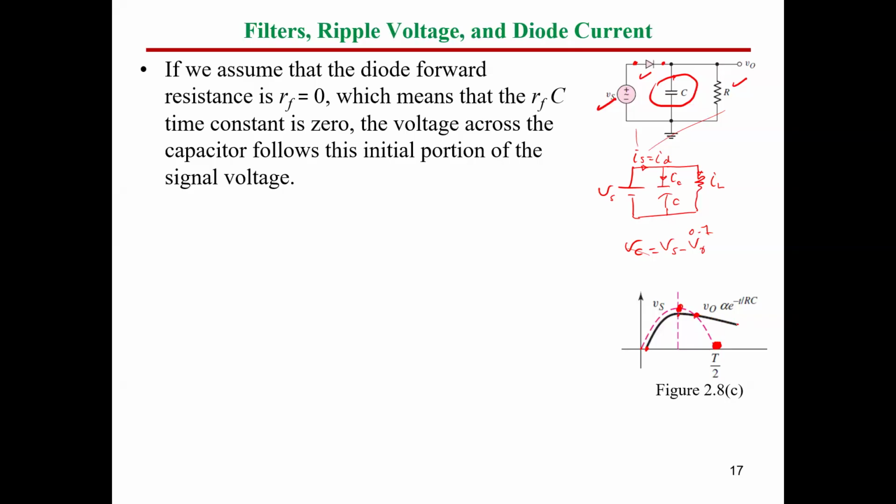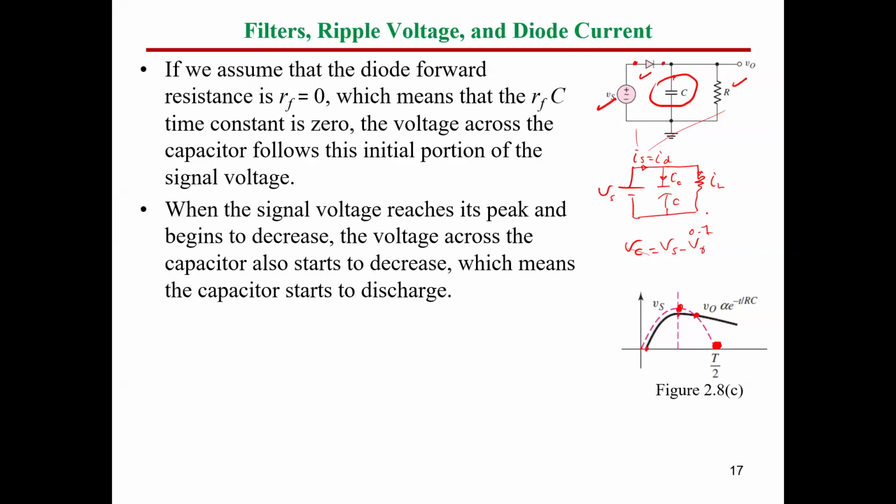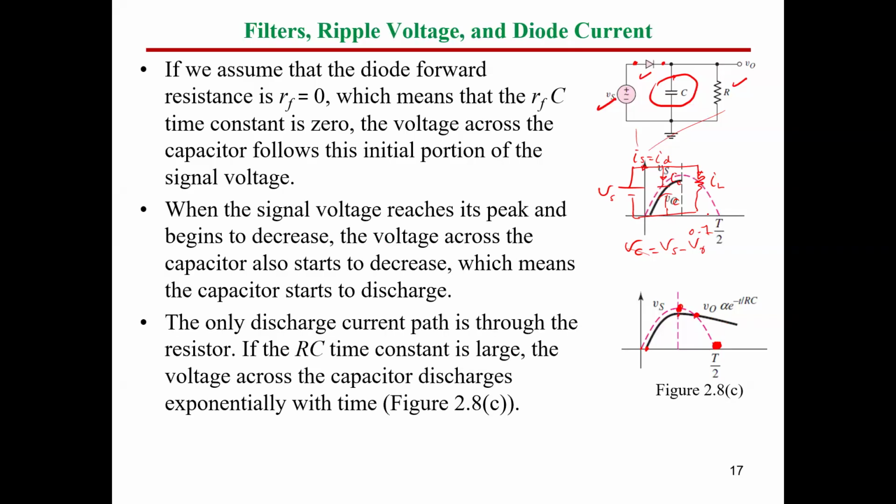Since we have only C and R, we can assume that this waveform is an exponential waveform, and the capacitor volt in this period is going to be V equals alpha times e to the power minus t over RC. What is RC?